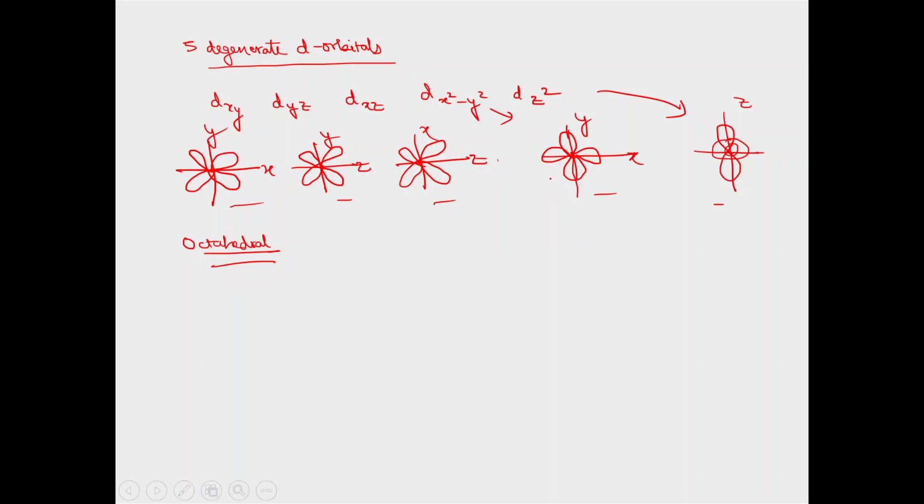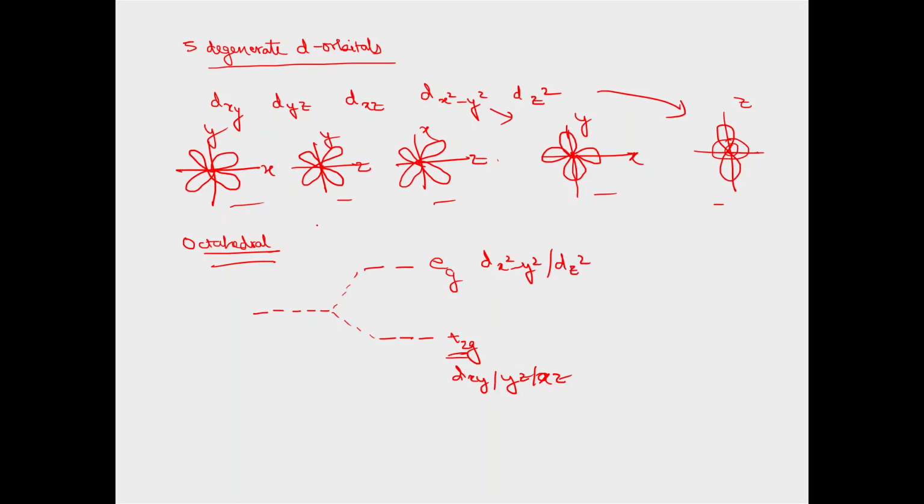And in an octahedral field, a ligand approaches through the axis, therefore there will be more repulsion, and we see this splitting. The 5 degenerate d orbitals split into two sets, Eg and T2g. T2g consists of dxy, dyz, and dxz, whereas Eg consists of dx square minus y square and dz square.